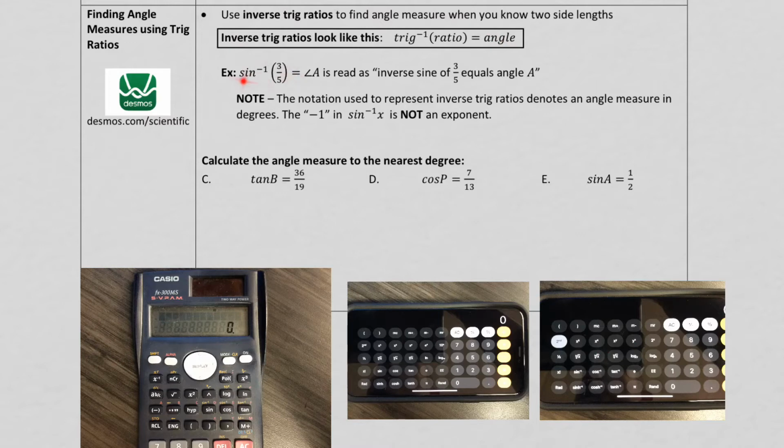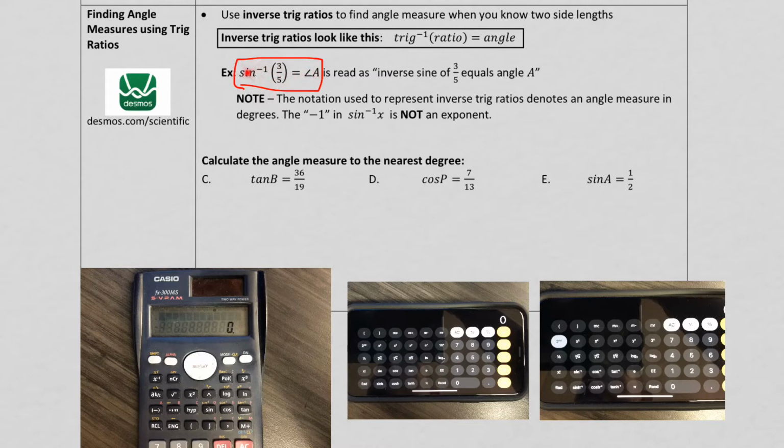So for example, if I saw this in one of my questions or assignments, this reads as inverse sine of 3/5 equals angle A.